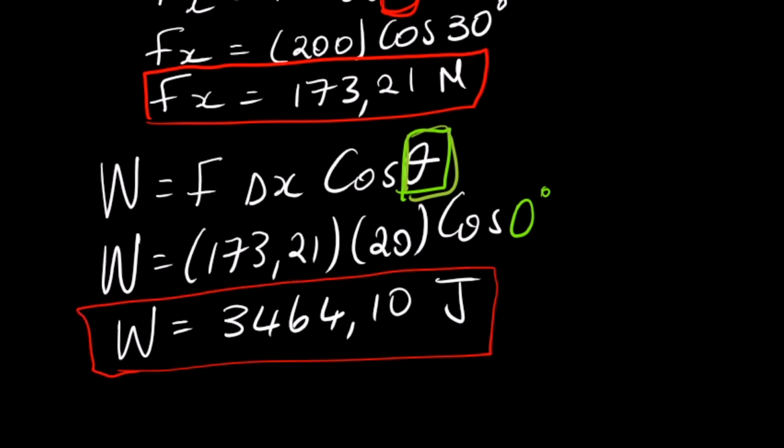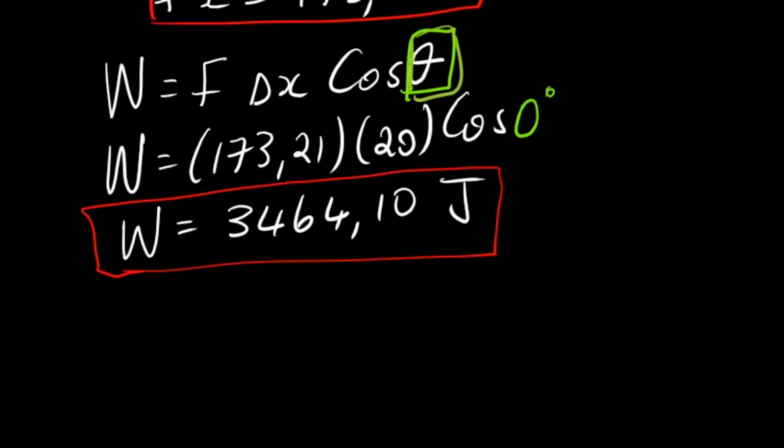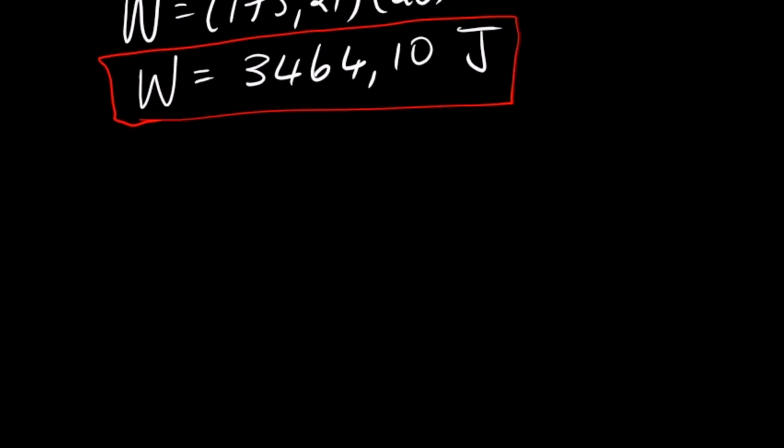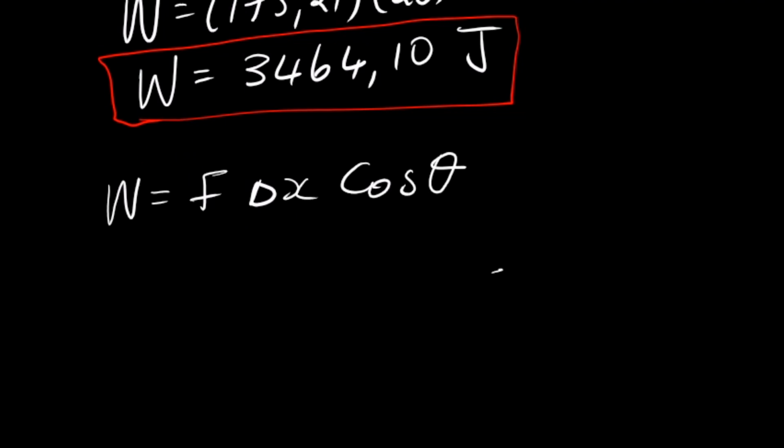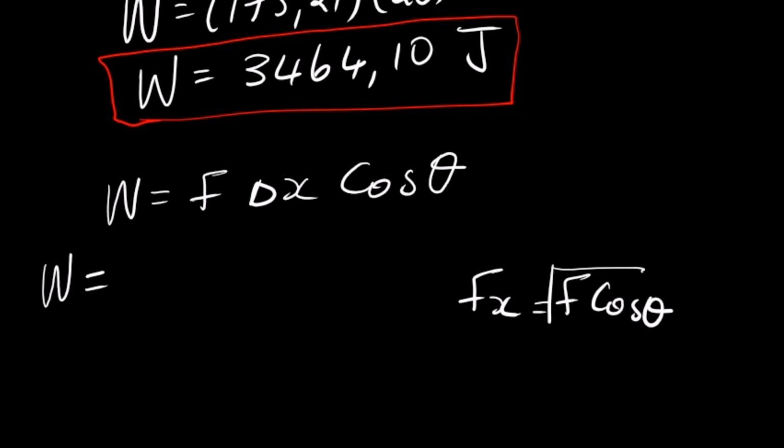Now there is a way whereby we can calculate this without starting with the component. We simply put the equation of the component onto the equation of work. Now we know that Fx is equals to F cos theta, so we can simply write W is equals to, where we see F we substitute by this, displacement cos theta.